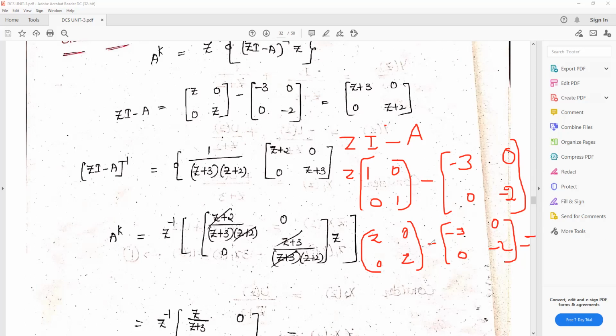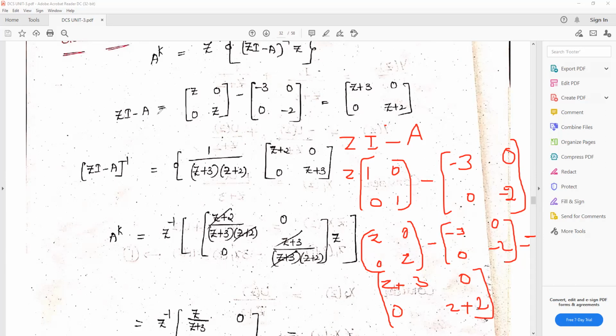Z minus of -3 is Z plus 3; 0 minus 0 is 0; 0 minus 0 is 0; and Z plus 2. So we get Z plus 3, 0, 0, Z plus 2.